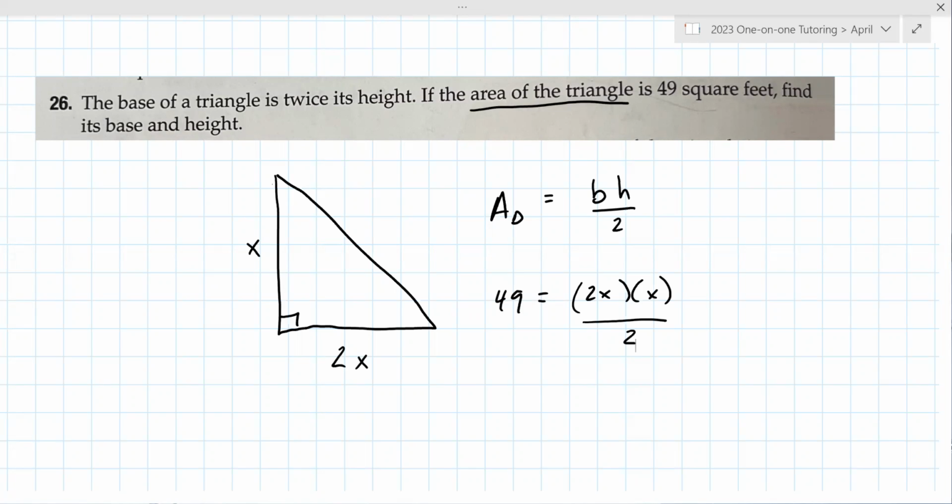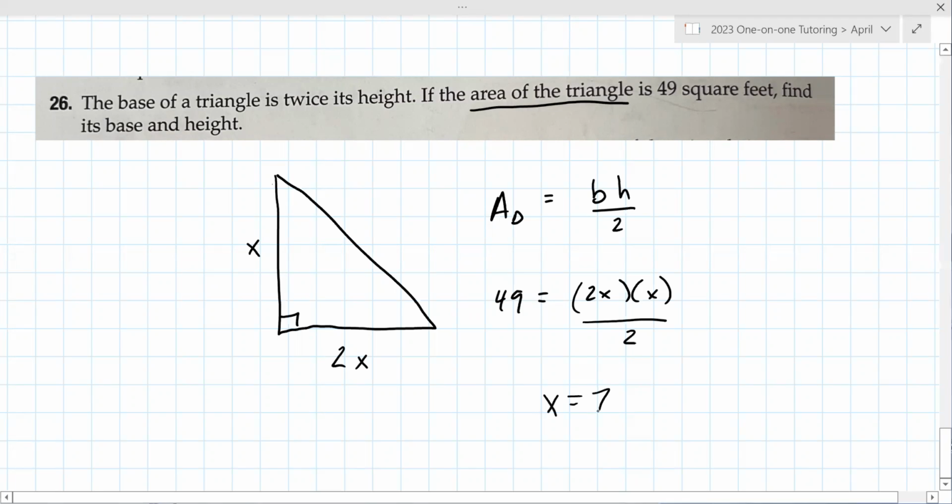Seven is x. Yes, x is 7. Very good. So the height is 7. And the base is 14. So the base is 14 feet and the height is 7 feet.